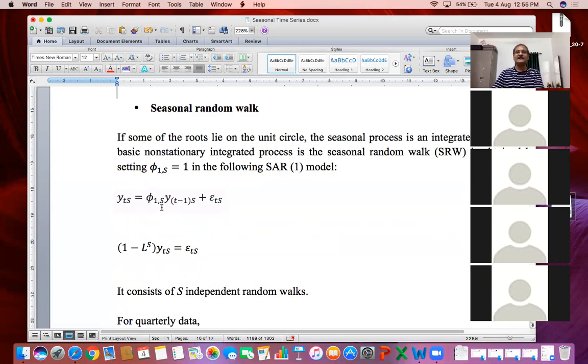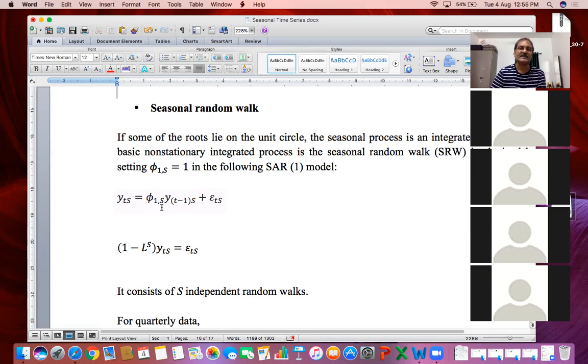So this is the basic difference between annual time series and seasonal time series as far as the random walk process or the unit root behavior is concerned. So in the case of seasonal time series, you have more possibilities of unit root behavior or random walk behavior.